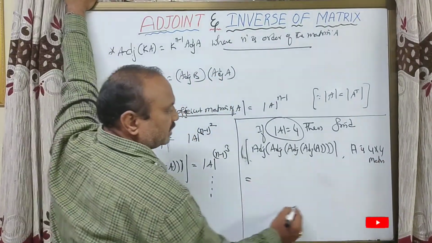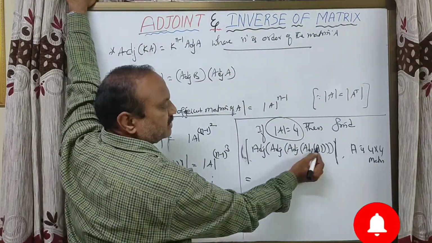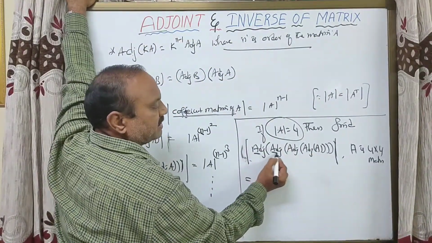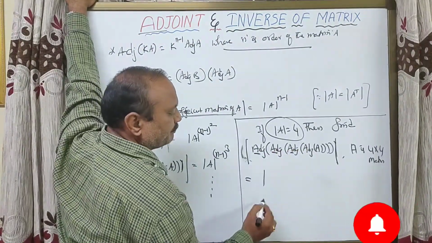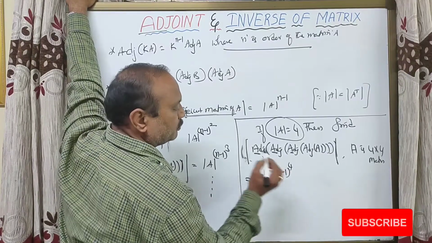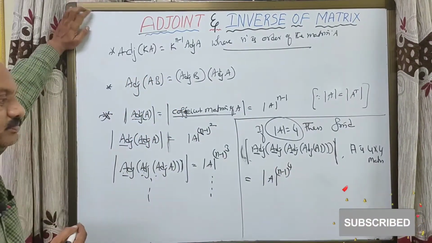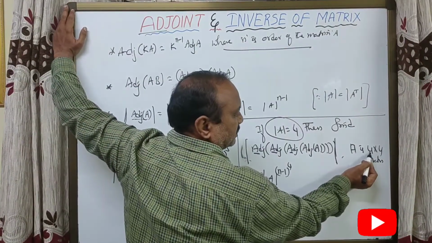Now he wants determinant of adjoint A. How many adjoints here? 1, 2, 3, 4. So det A whole power n minus 1 whole power 4, that is the formula, where n is the order of the matrix, 4.